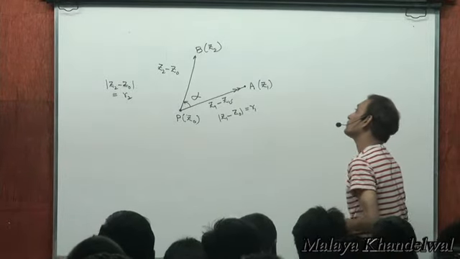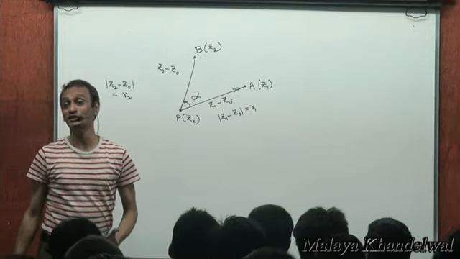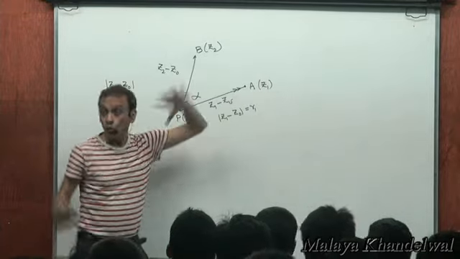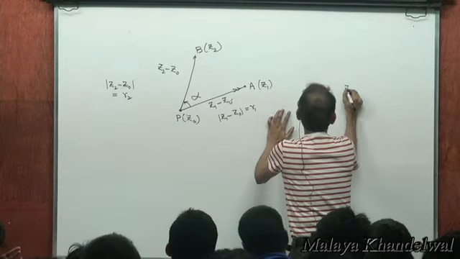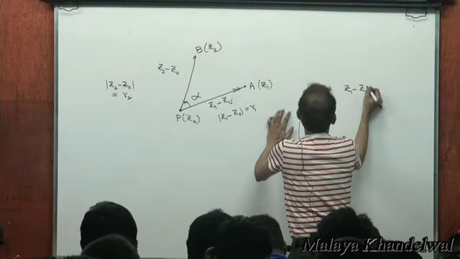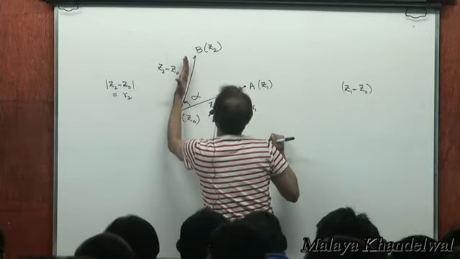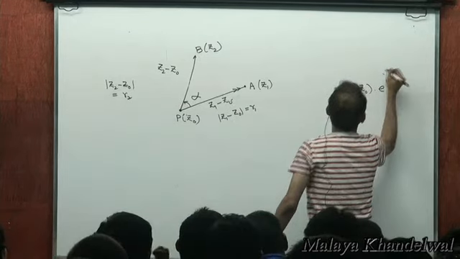Now, in order that you could obtain z2 minus z0 from z1 minus z0, this is a vector. What are the two things that you should do? One, z1 minus z0 is a vector. The first thing that you want to do is multiply it with e power i alpha so that it coincides with this. Yes or no?